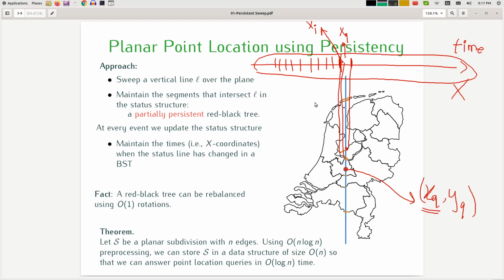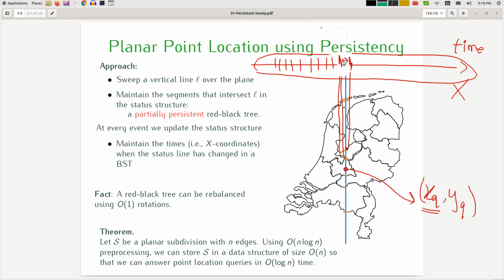So using the persistent magic, we find the status of the sweep line at this point in time, which obviously includes all the line segments that are intersected by the vertical sweep line at the position where its x coordinate is equal to xq. And here we're using the observation that if I look at two different timestamps, let's say timestamp i and timestamp i plus 1, there is nothing interesting happening in between.